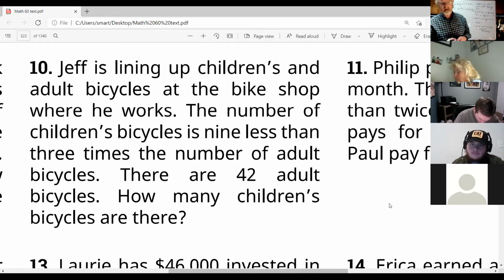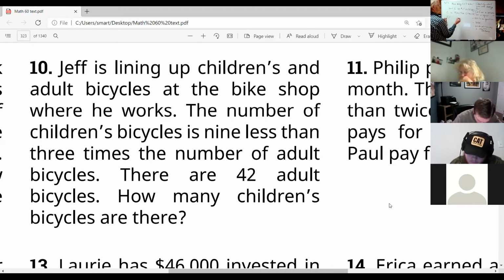Really, C, the number of child bikes, is 9 less than 3 times 42. We happen to know how many adult bikes there are.